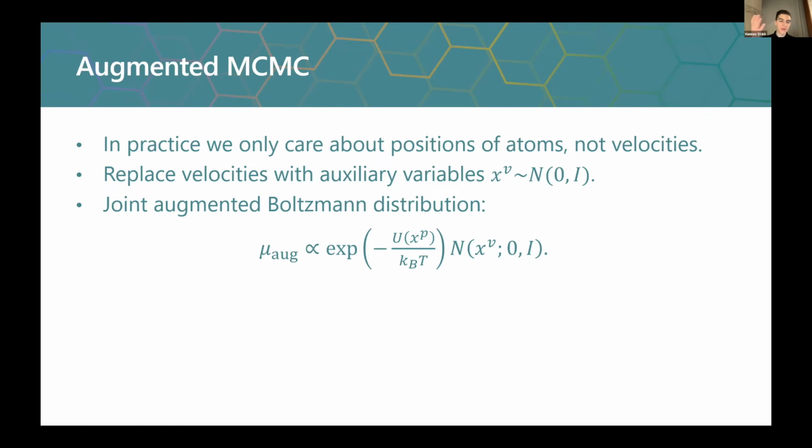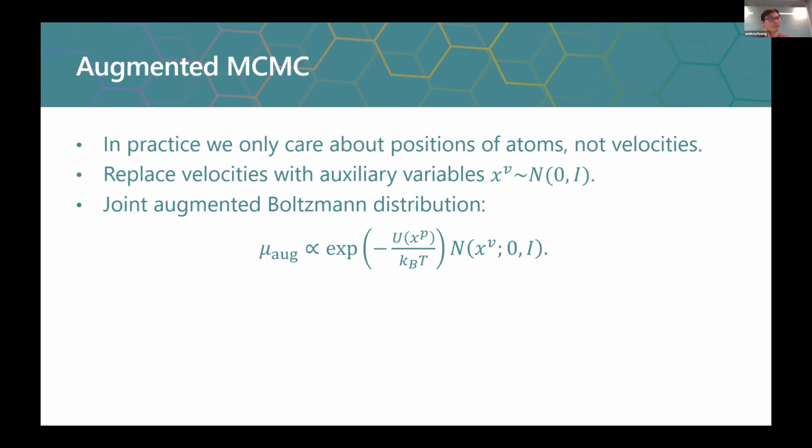Here our goal is to sample from the Boltzmann distribution, and so we don't care about the velocities, and you just use them as auxiliary variables and call them velocities. Yes, we could indeed call them something completely different.